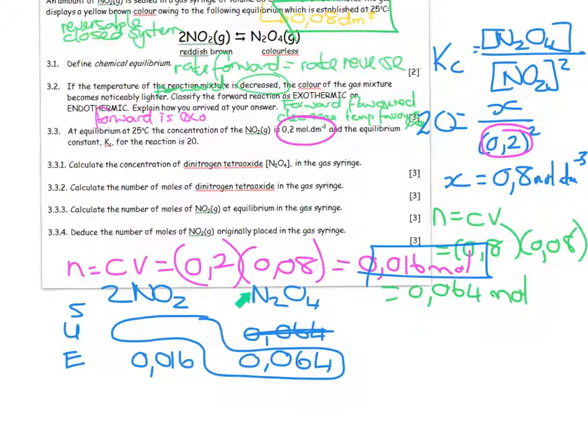This is a 1:2 ratio, so I need to double that number. I get 0,128. So if I had 0,016 at equilibrium and I used 0,128, I need to add those together to get 0,14 moles that I originally placed into the gas syringe.